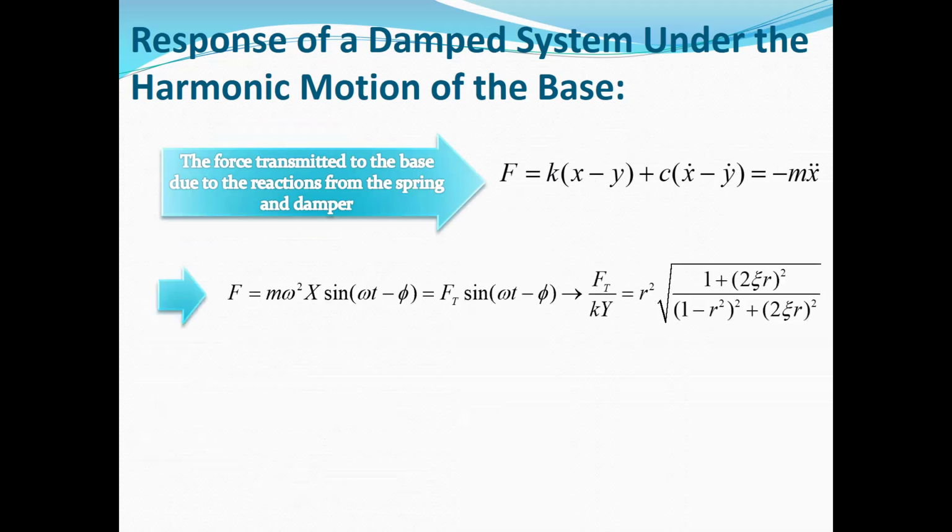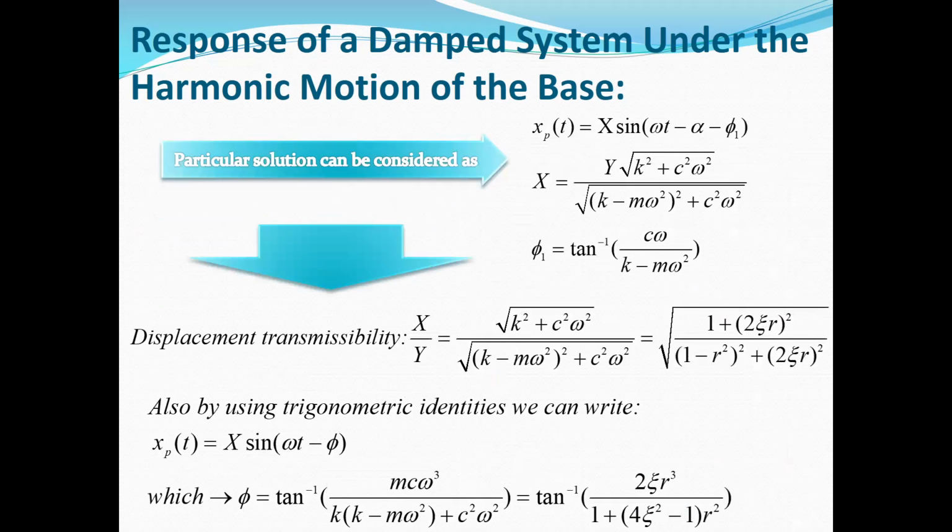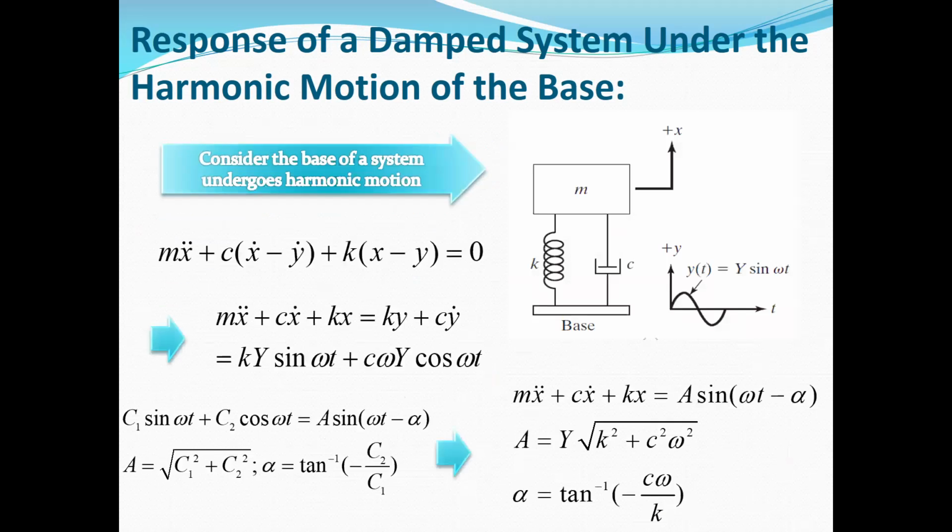If we refer to the first slide, when we plotted the free body diagram, and the mass m was going up, we had this force which was k times (x minus y), and we have the reaction exactly the same value with the opposite direction, which is again k times (x minus y), which is exerted to the base.